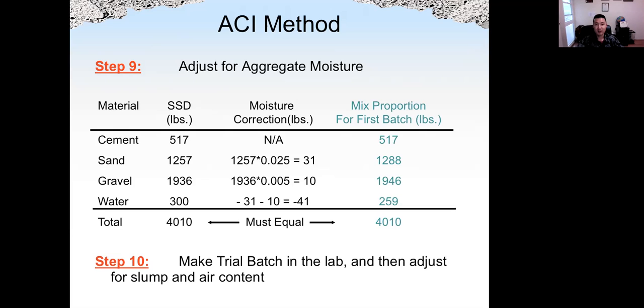Step number 9, adjust for aggregate moisture. This step is important. The question tells us the moisture content for sand is 2.5%, and for gravel 0.5%, positive. Positive means the sand and gravel are wet.